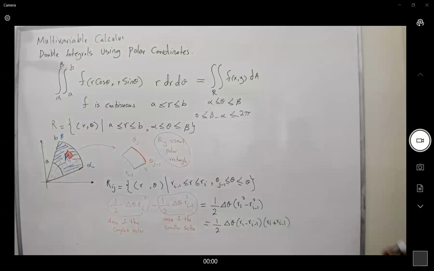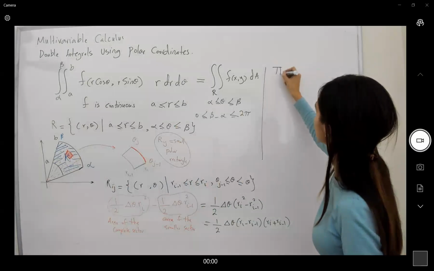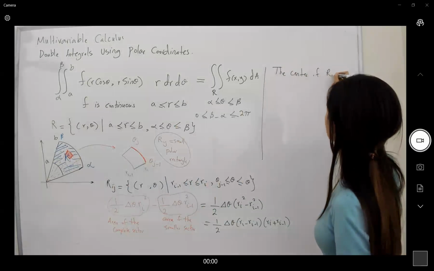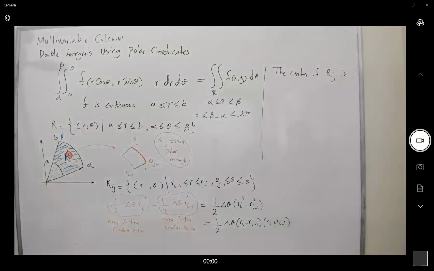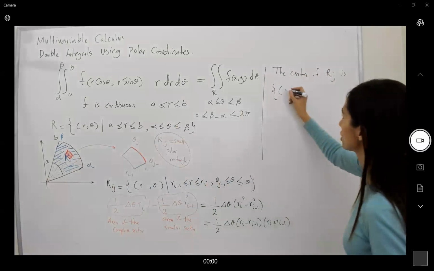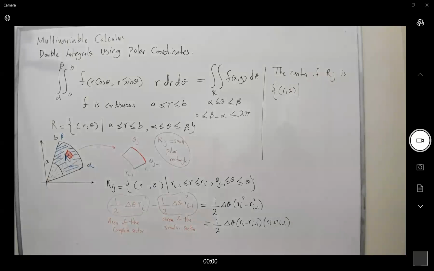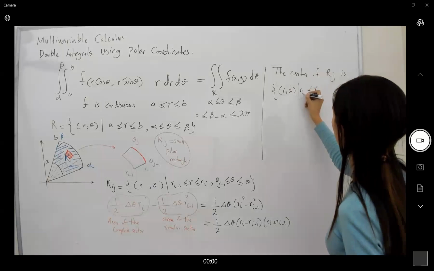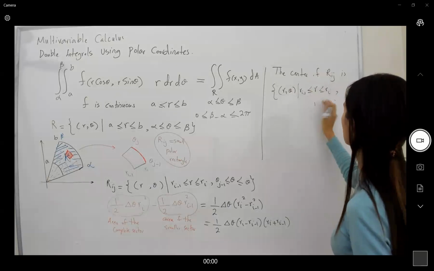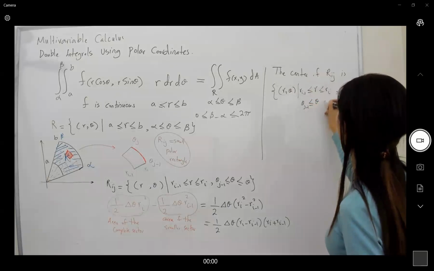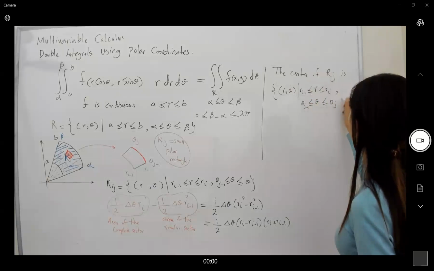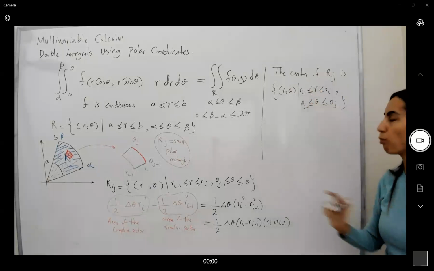The center of Rij, let's define it this way, is equal to the set of all r and thetas, remember that we are in polar form, such that r is in between Ri minus 1 and Ri, and theta is in between theta j minus 1 and theta j.